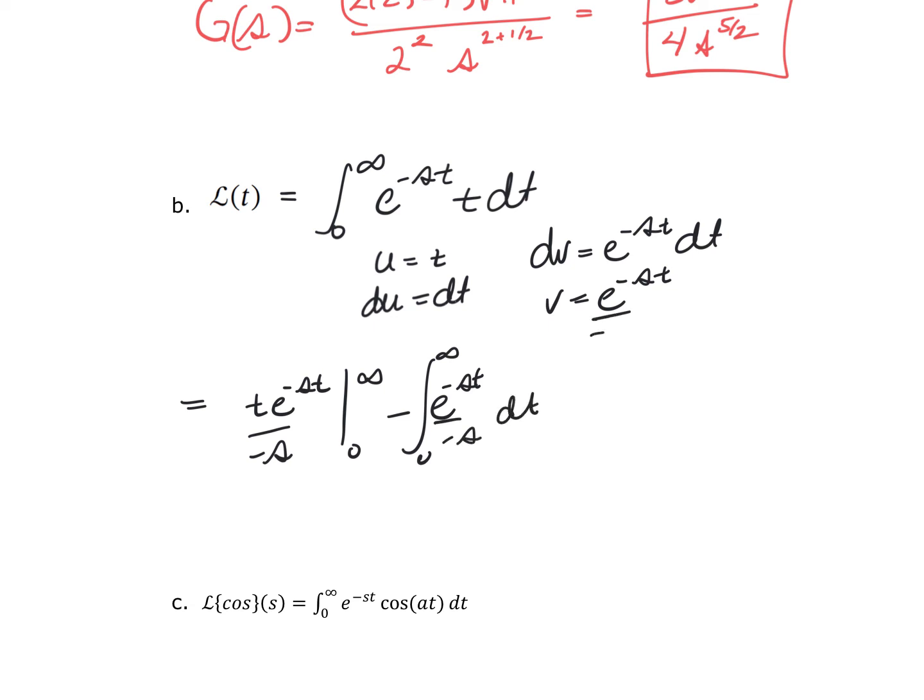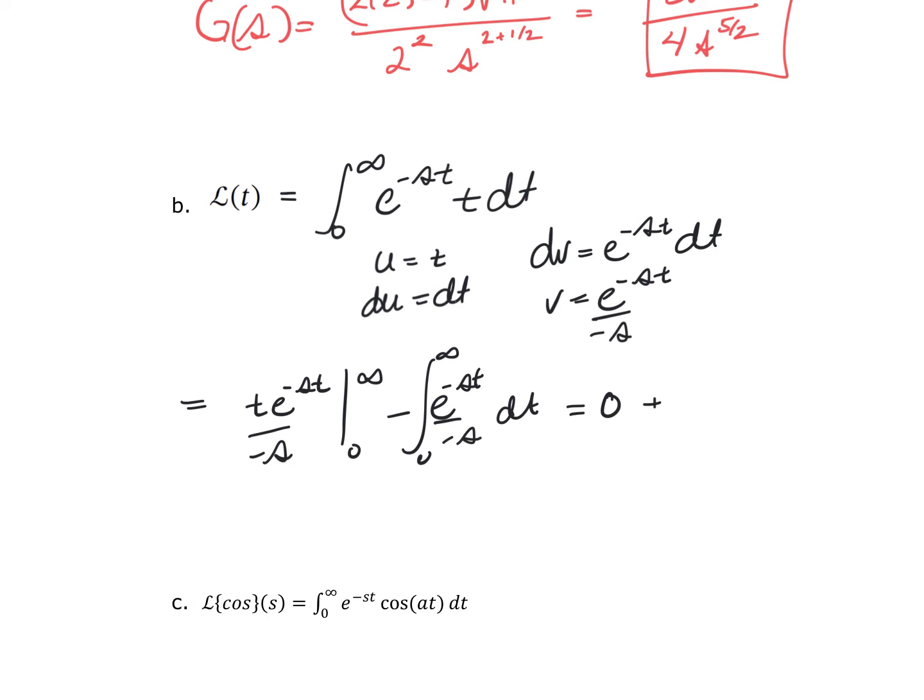As I let t go to infinity, I'm going to have t divided by e raised to the st, so that's going to go to 0. And when I put in 0 for t, I get minus 0, so still 0.